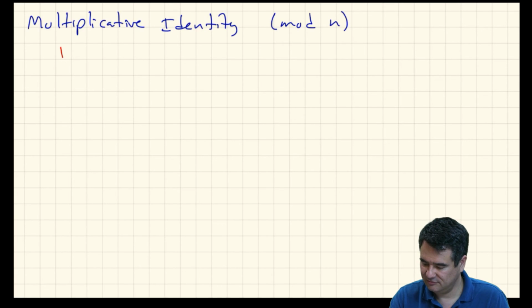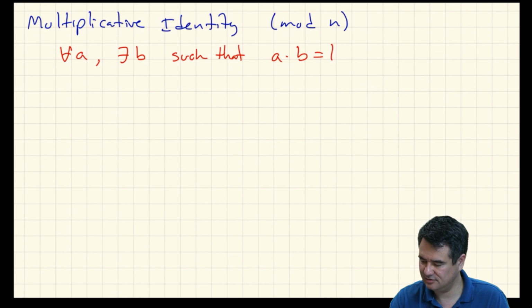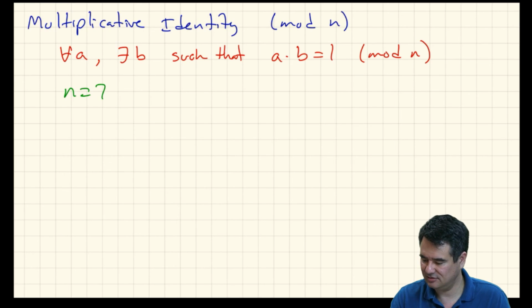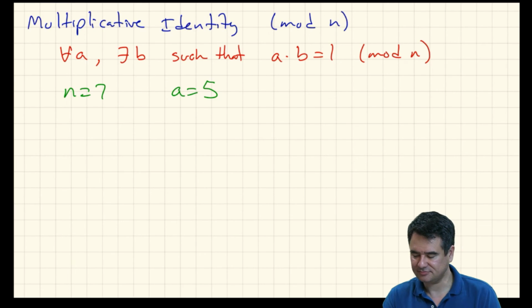So for all a, there exists a b such that a times b is equal to 1 mod n. Here's where things get a little strange. Let's go n equals 7. Let's do a equals 5.